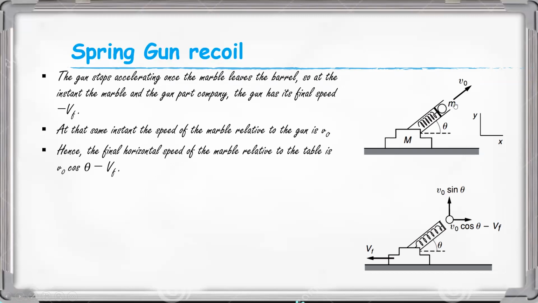Then the component of V0 along the horizontal direction must be V0 cos theta, and in the vertical direction V0 sin theta. But the gun is moving backward, so the horizontal velocity of the marble with respect to the table is V0 cos theta minus Vf.